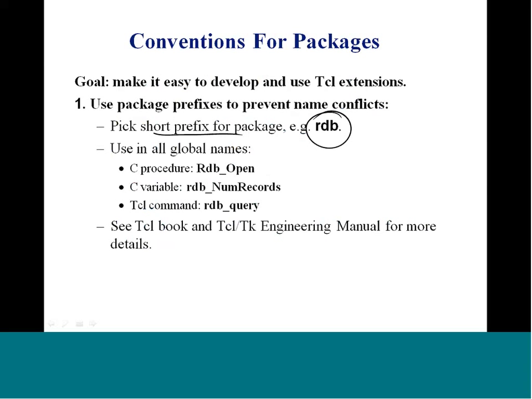For example, rdb, and then we use it in all global names essentially. So a C procedure will be Rdb_Open, a C variable will be rdb_NumCuts, things like that, and then a Tcl command will be rdb_query. This way, if you follow these definite prefixes, then we can be successful in using the Tk.